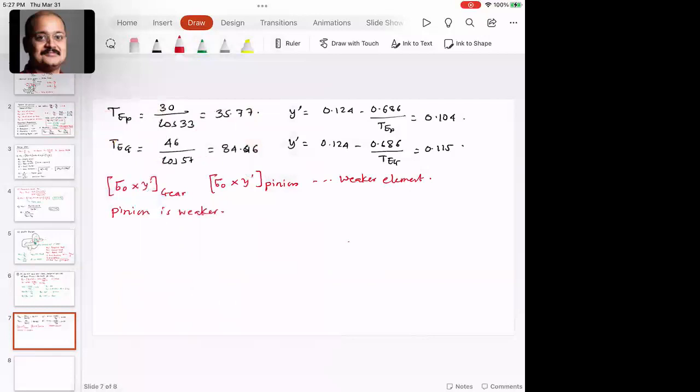So we are going to start with the design. Can someone quickly check my answers? Online students?